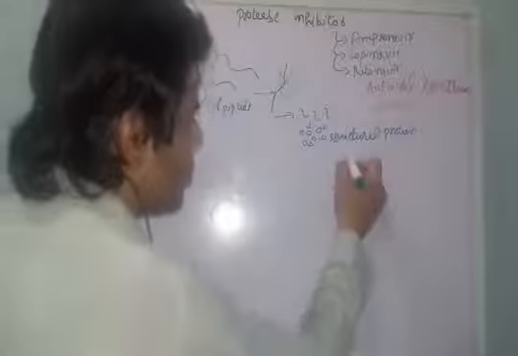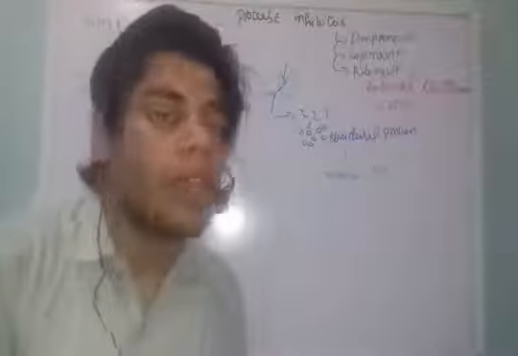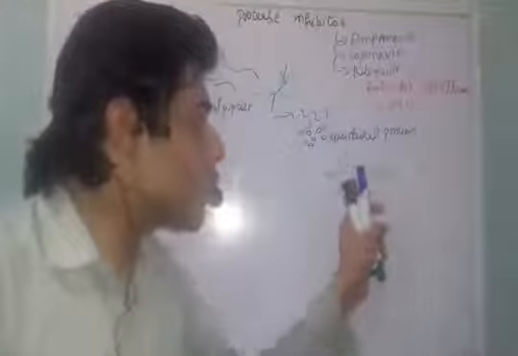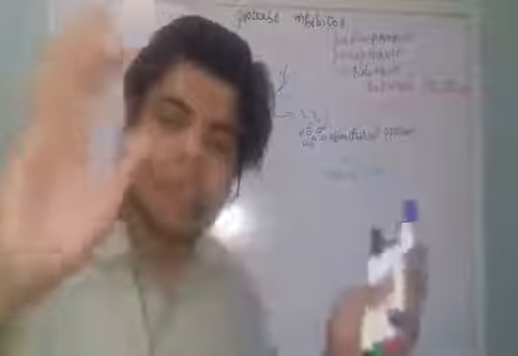So they will be converted into structural proteins, and after that, due to these structural proteins, we get a mature virus. So this is the function of the protease. This protease enzyme will cut the long polypeptide chain into small pieces, and these small pieces will be converted into structural proteins, and then these structural proteins will make a mature virus, or we can say a capsid will be formed.